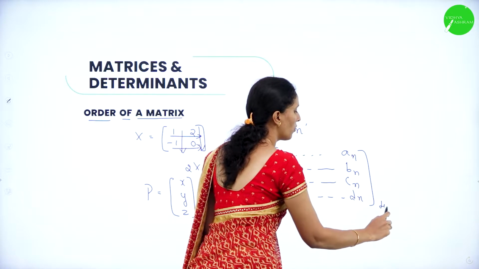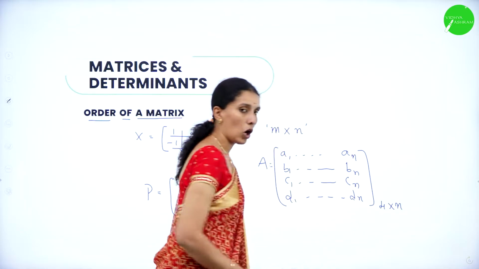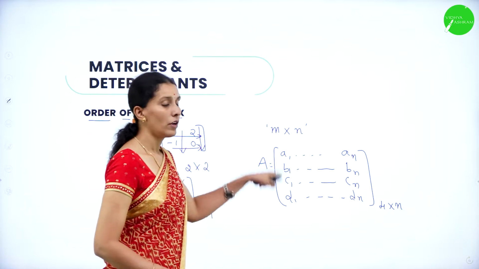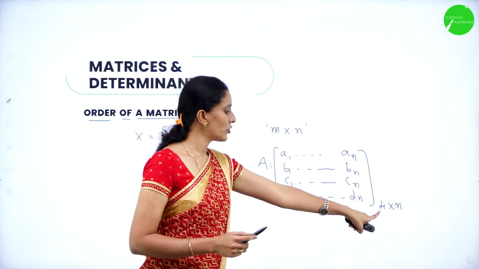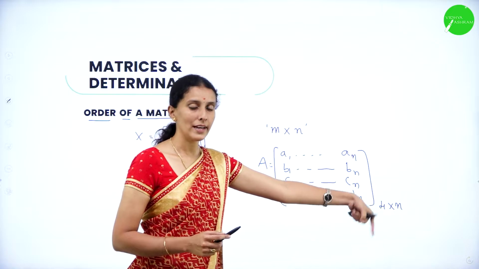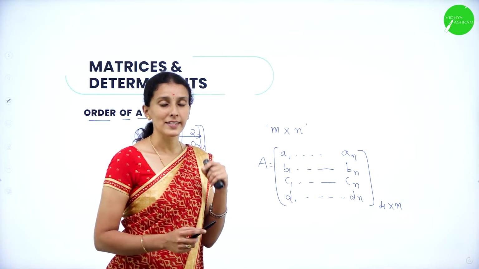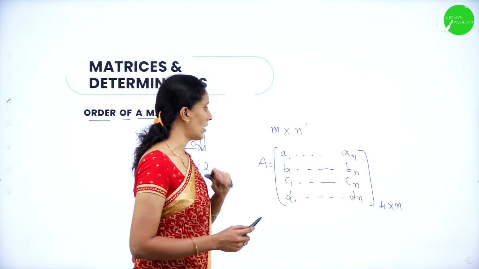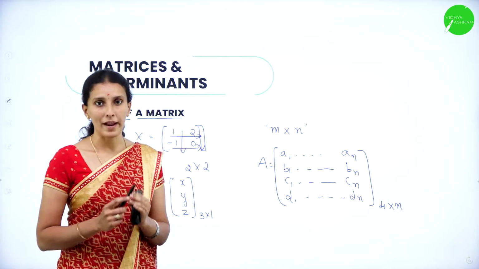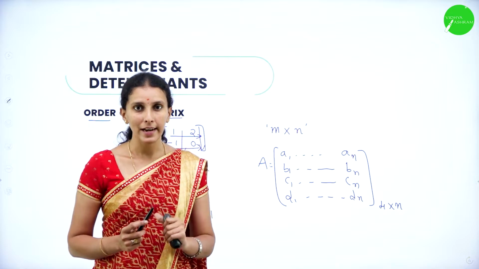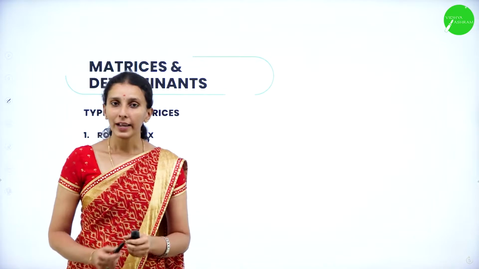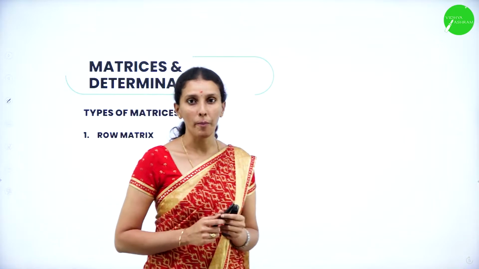So it is 4 rows into n columns, because you might have from the first column to the last column n. In general we write it as 4 cross n. n might also take certain values of natural numbers. Therefore the order of a matrix is always written in the form of m cross n or m by n. Next we come across the types of matrices.